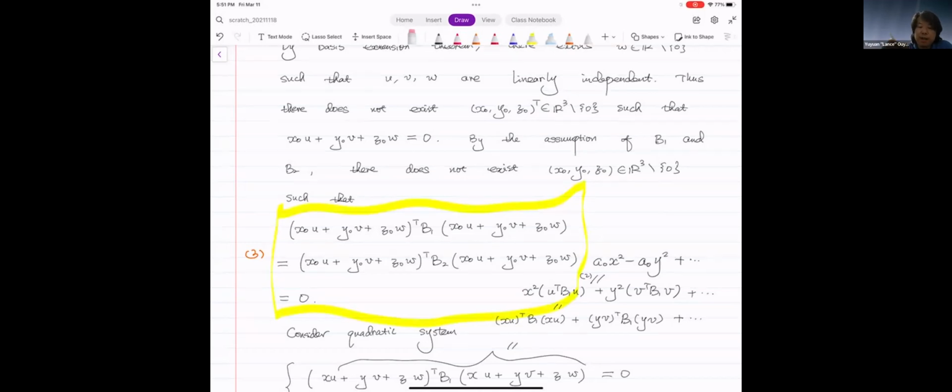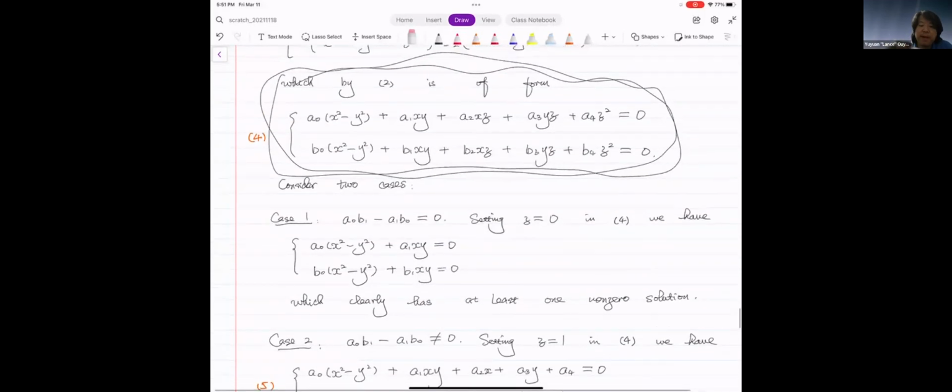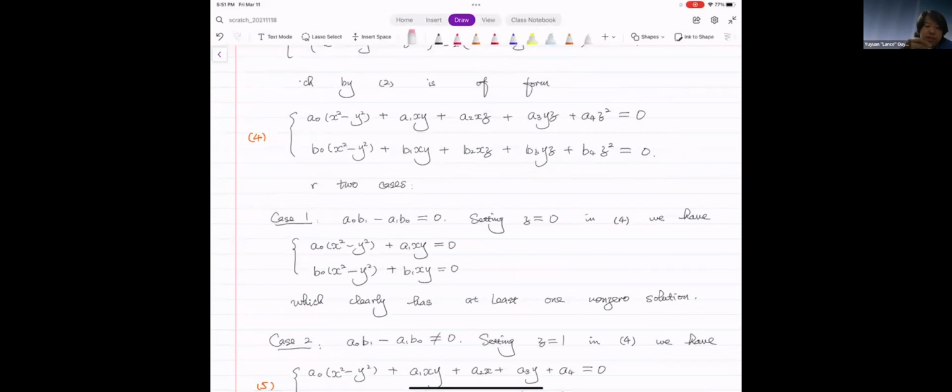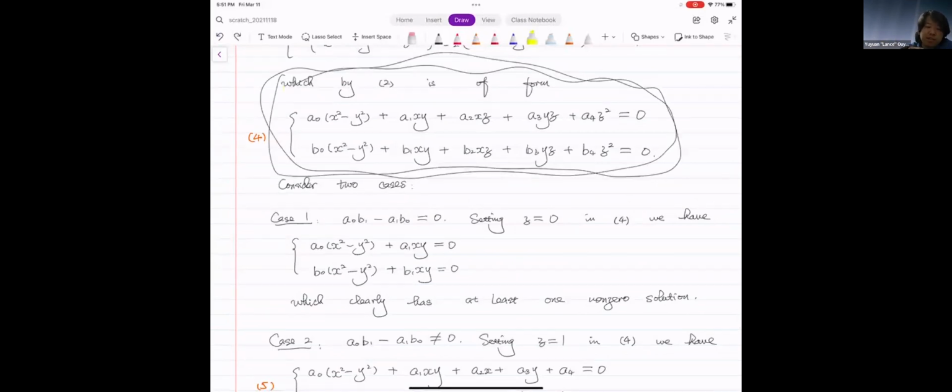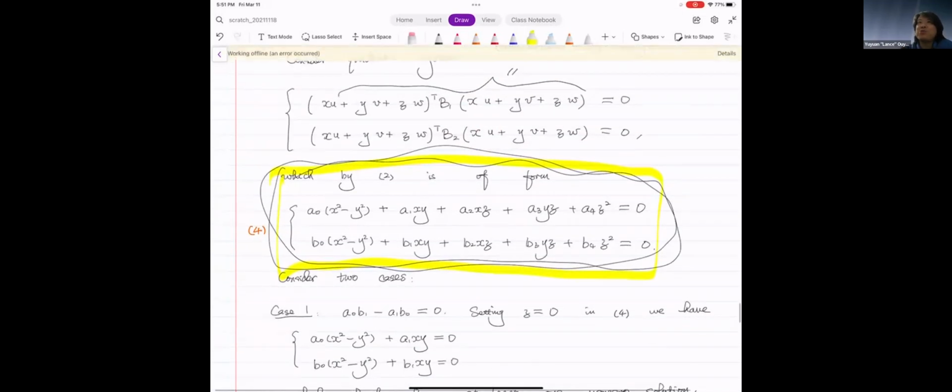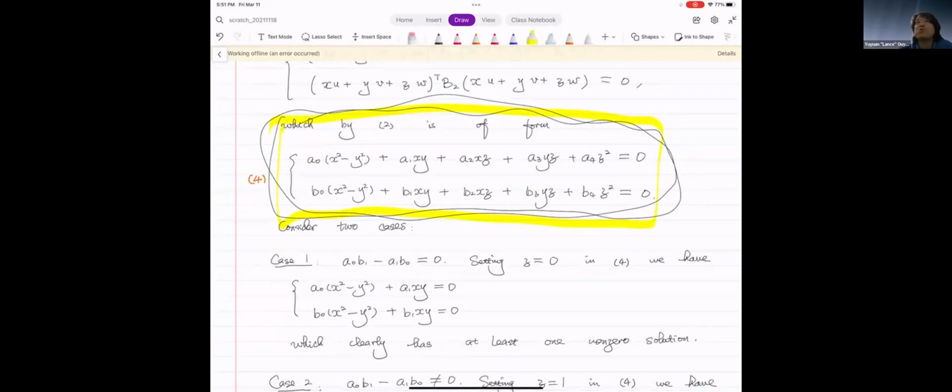If this will not be true, what does that mean? If I expand everything, that means this quadratic equation system with x, y, and z will have no solution. Oh, well, no non-trivial solution. There is a trivial solution: if you set x, y, z all equal to 0, then you have a trivial solution. The question is, do I have any non-zero solution?